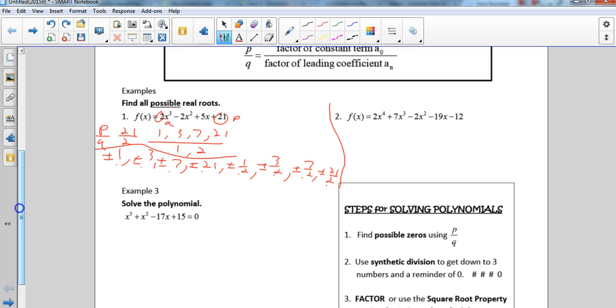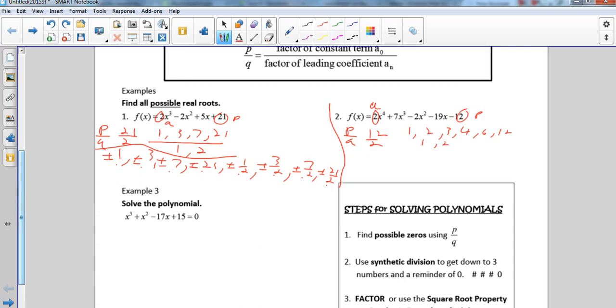I'm also going to teach you a way to cut down on that number. Let's do it again. P over Q, 12 over 2. Factors of 12: 1, 2, 3, 4, 6, 12. Factors of 2: 1, 2.